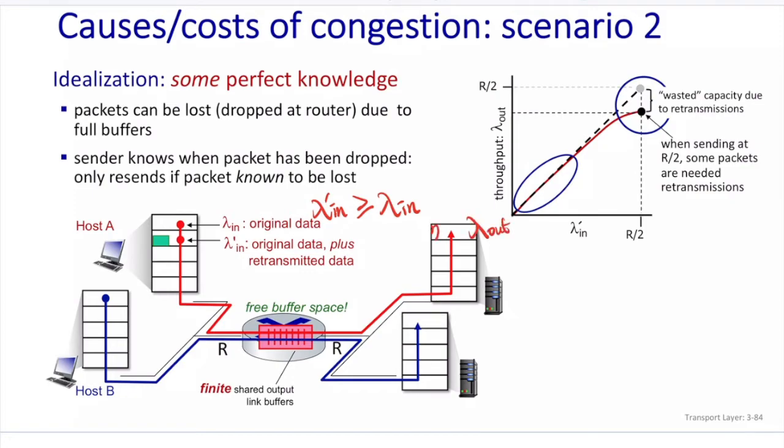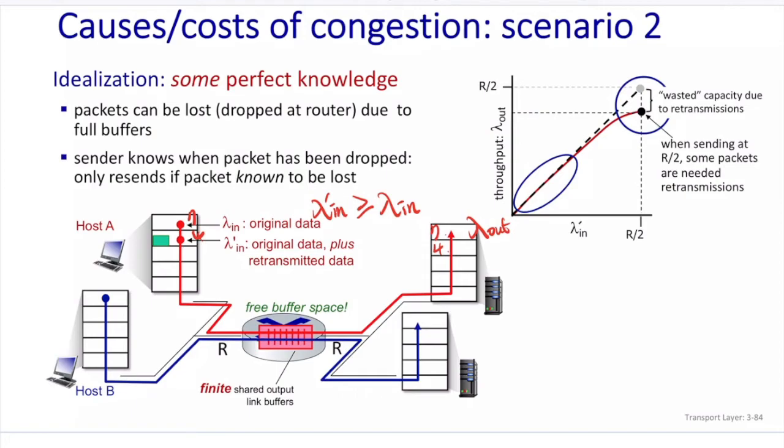Okay, but right here, lambda out is at layer 7. At the receiver side, lambda out is the throughput rate received by layer 7.